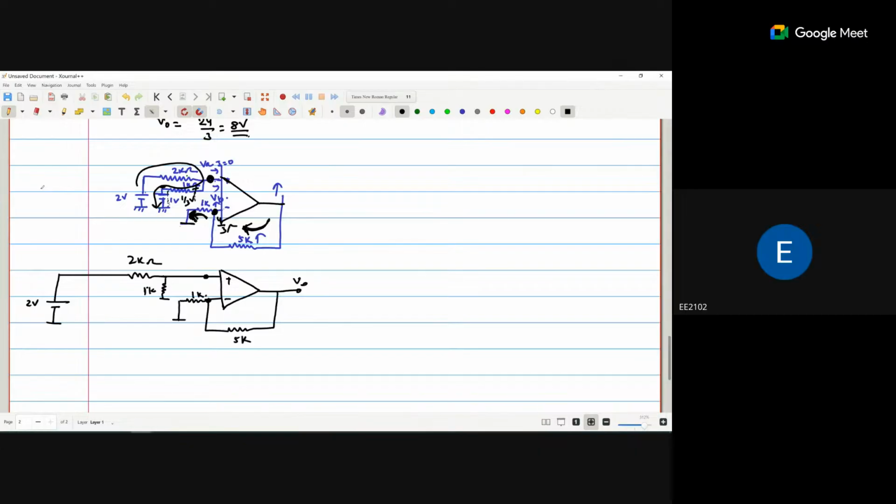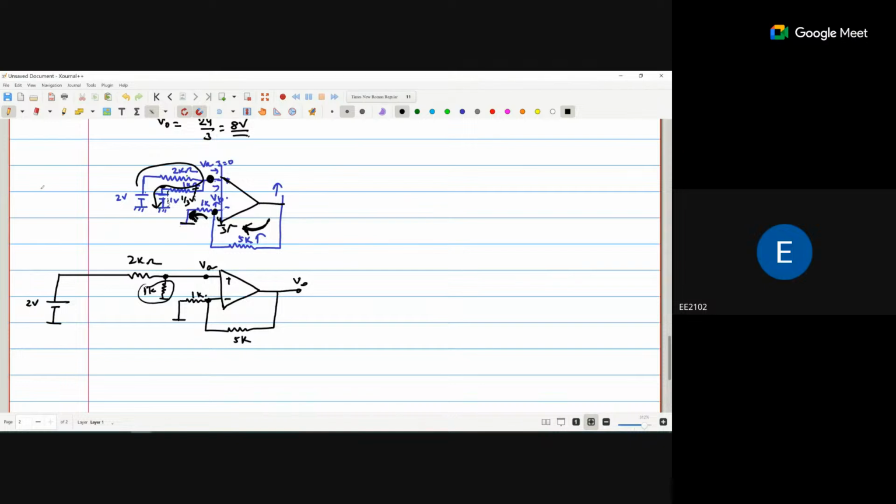First of all, we calculate the VA. So what is VA? Basically, at this point the voltage is VA, and that VA is nothing but the voltage drop across 1K. So we apply 2 volts.